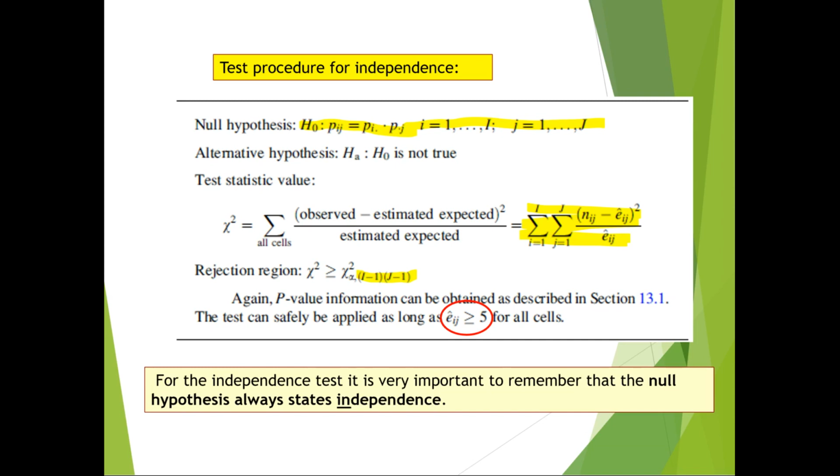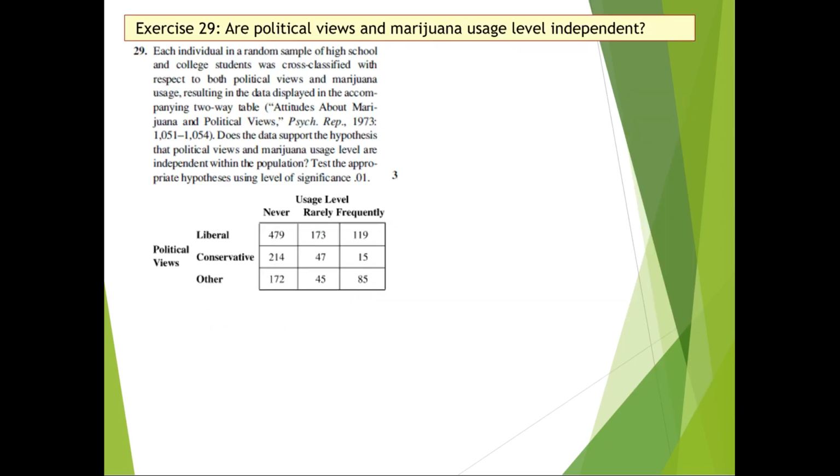So let me illustrate with an example, and the example that I'll consider is exercise 29. Now we're considering political views and marijuana usage. Here you have a contingency table of college students. Now the total is not given here, but it's 1349.